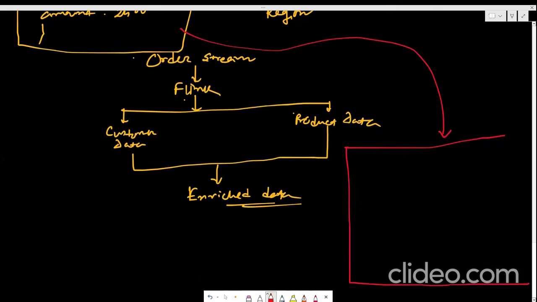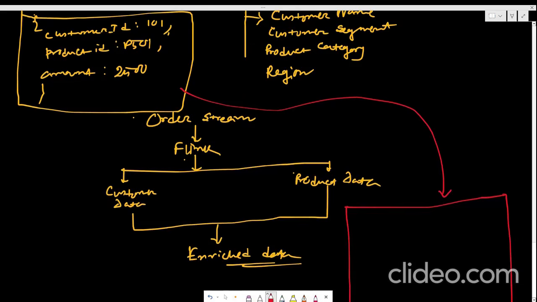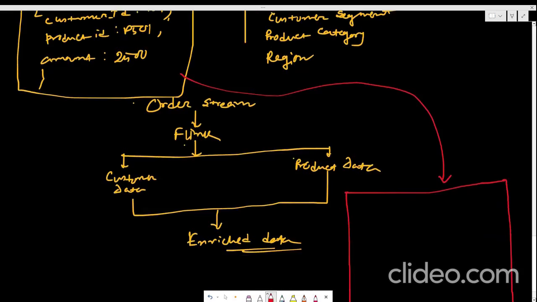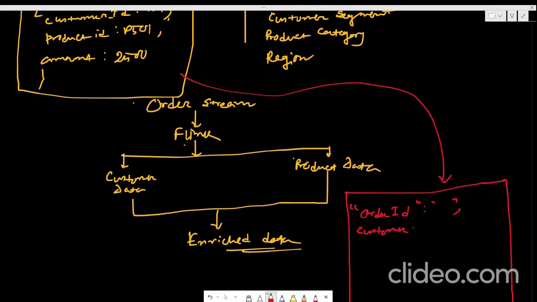Like what the structure can be, as we require the customer name, customer segment and so on. Suppose we had an order ID, 0101. Now the customer ID is C101.